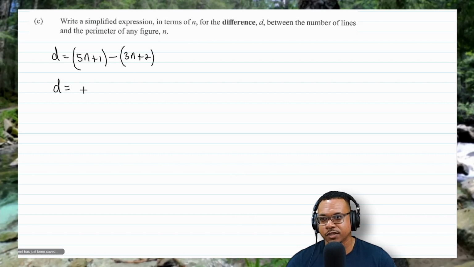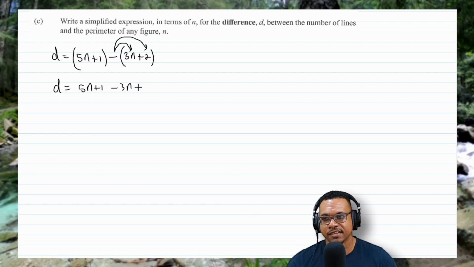So d is going to be equal to, well, 5n plus 1. You multiply this negative sign by the 3n, and you're going to get negative 3n. You multiply the negative sign by positive 2, and you're going to get negative 2. So now you're going to bring your like terms together. So I'm going to have the 5n remain, and take the negative 3n and bring it next to the 5n.